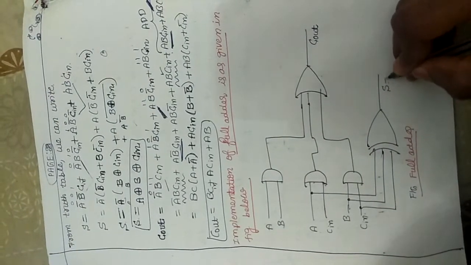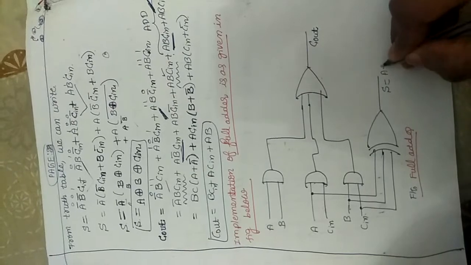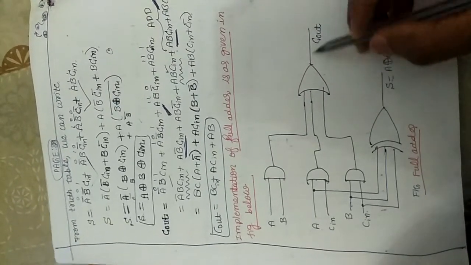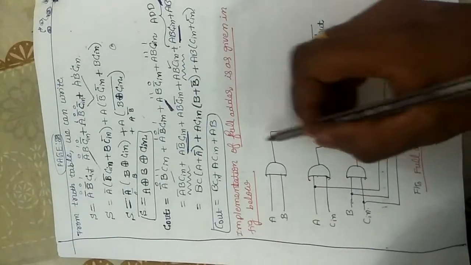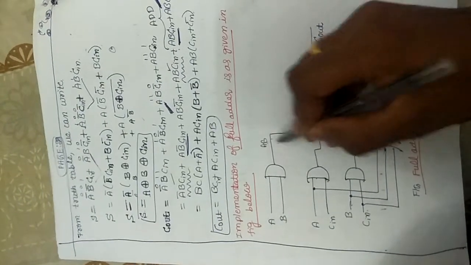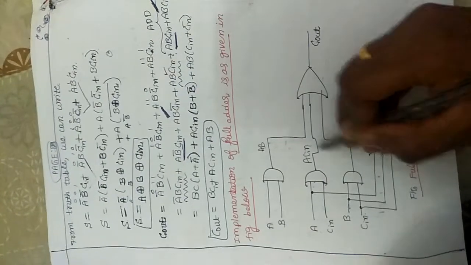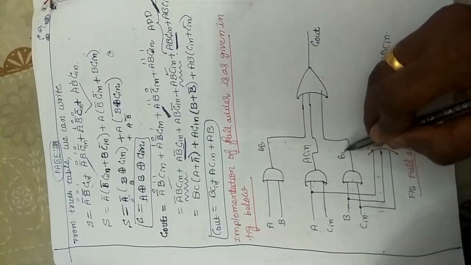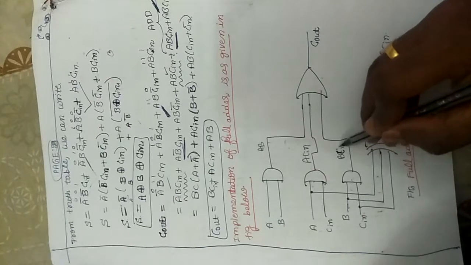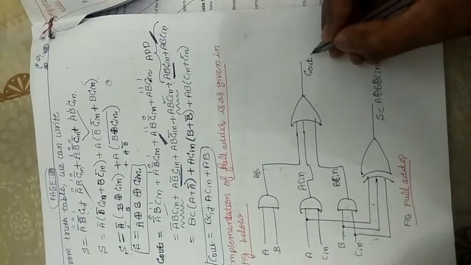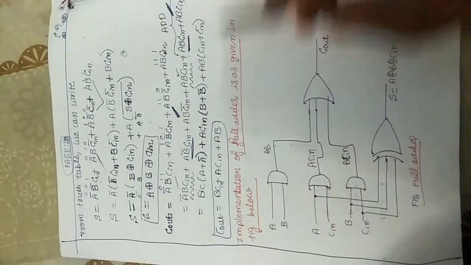The sum you will get here is A XOR B XOR C in. For the carry out, here you will get AB, here you will get A into C in, AC in, and here B into C in, BC in. If you add all these 3, you will get carry out. Carry out is equal to this.